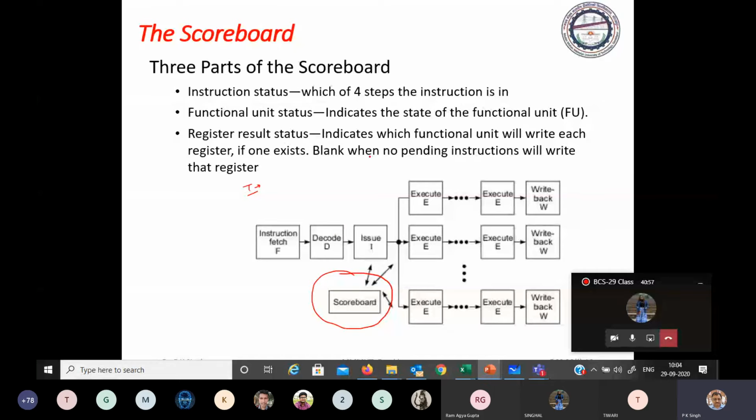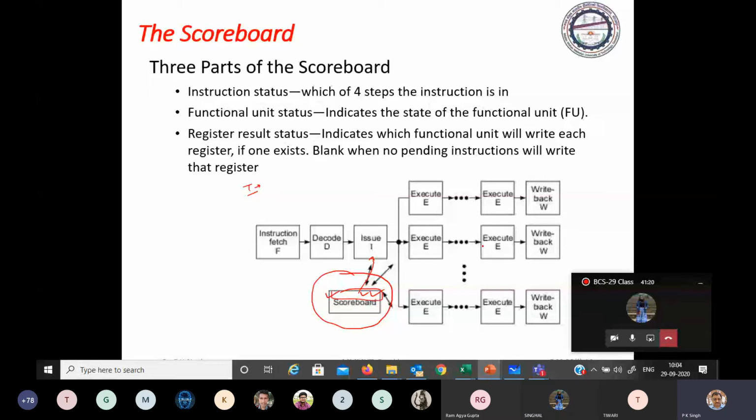When all the operands for an instruction become available, it is recorded in the scoreboard. Okay, and when all operands are available, it will send a signal to issue, to allocate this instruction to a particular execution unit for execution.